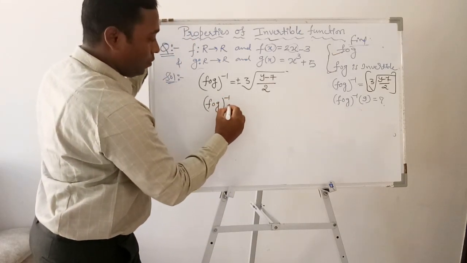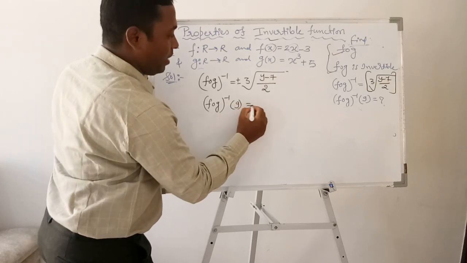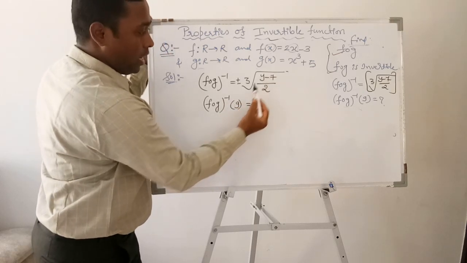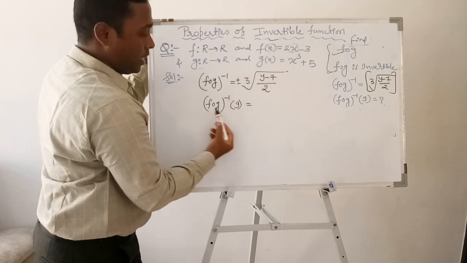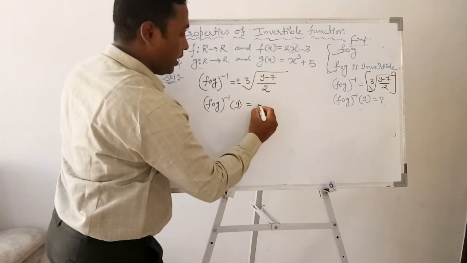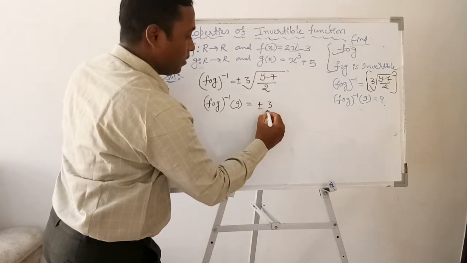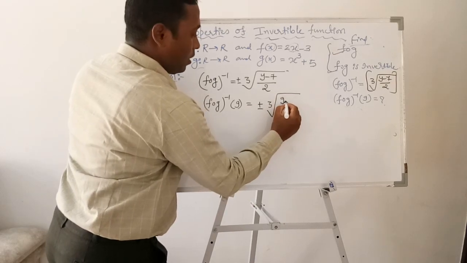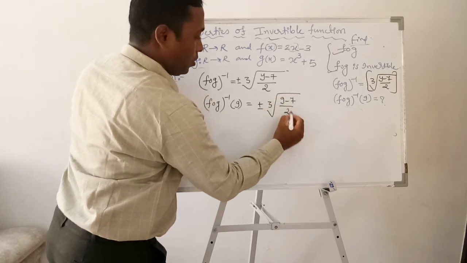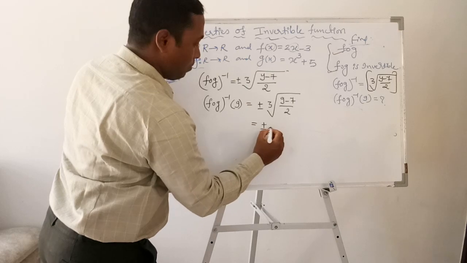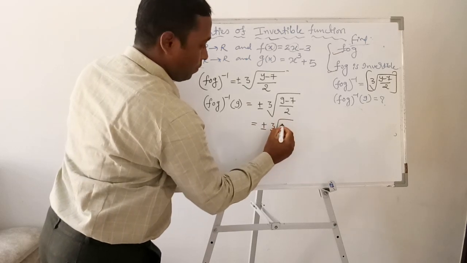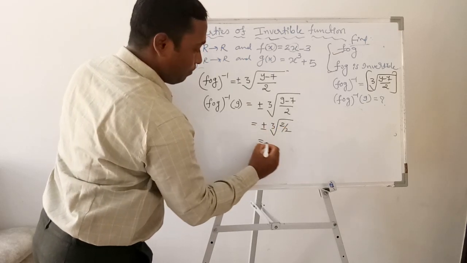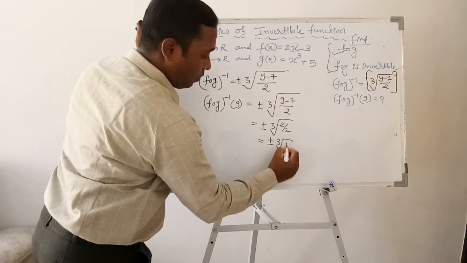So fog inverse of 9 simply means that in place of y we are going to substitute 9 to get this value. So it is given by plus minus cube root of (9 minus 7) upon 2. So plus minus cube root of 2 by 2, which is simply cube root of 1.